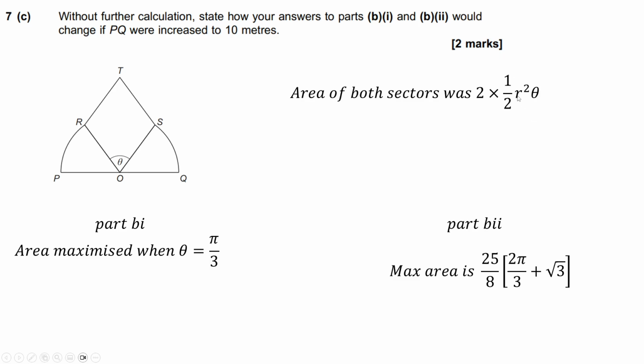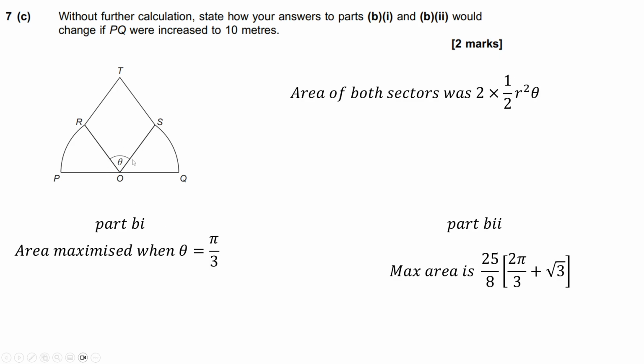Because if we double r, then r squared would be times by 4, because 2 squared is 4. So if we're multiplying the area of the sectors by 4, that means the area of the full shape is going to multiply by 4 as well, because we used it for this triangle here as well as for the sectors. So the total area would increase by a factor of 4.